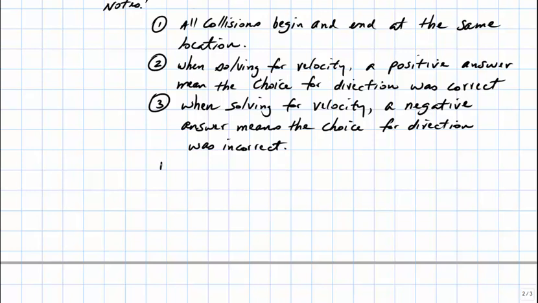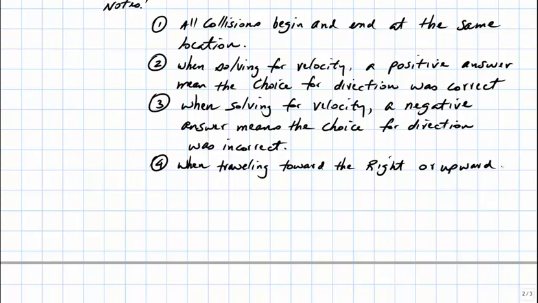Finally, the fourth note indicates: when an object is traveling toward the right, or upward, the velocity is considered to be positive.